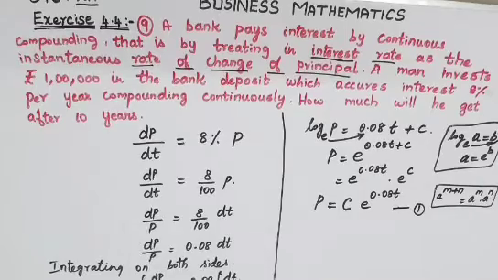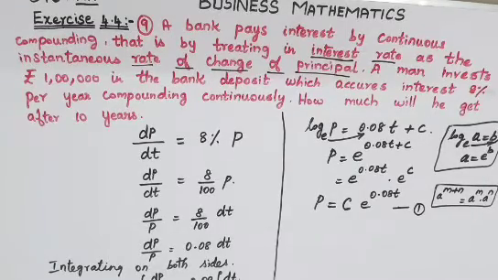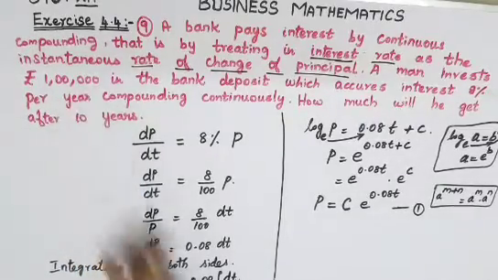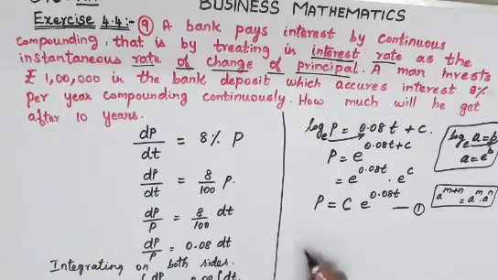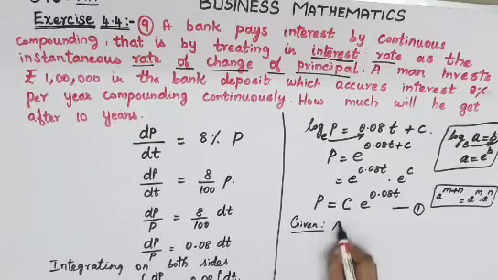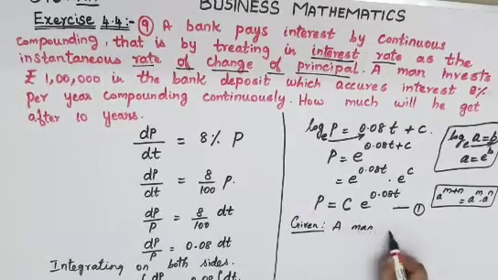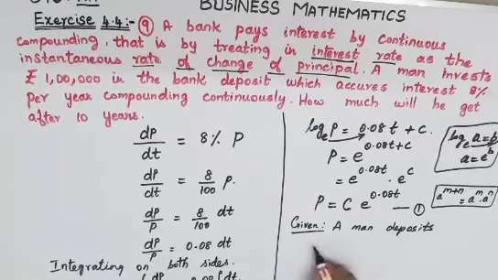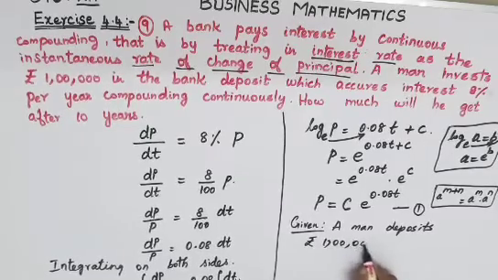So the next is, they have given you this condition: a man deposits rupees 1 lakh at the beginning of the year. So 1 lakh he is depositing.